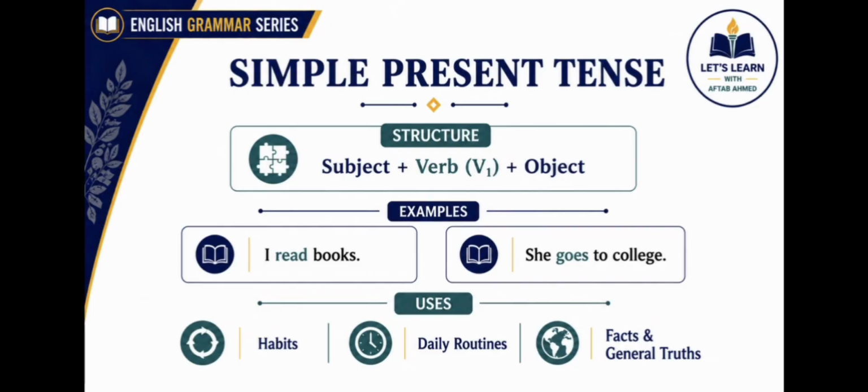Notice that with he, she, and it, we usually use s or es with the verb. We use this tense to talk about habits, daily routines, facts, and general truths. Whenever something happens regularly or is generally true, the simple present tense is the right choice.